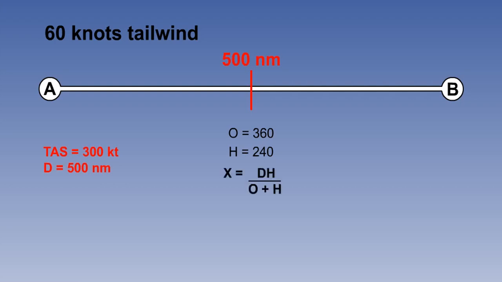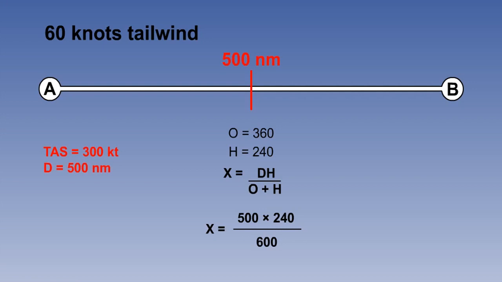Here's the formula again. X equals dH over O plus H. D is 500, and O is 360, and H is 240.